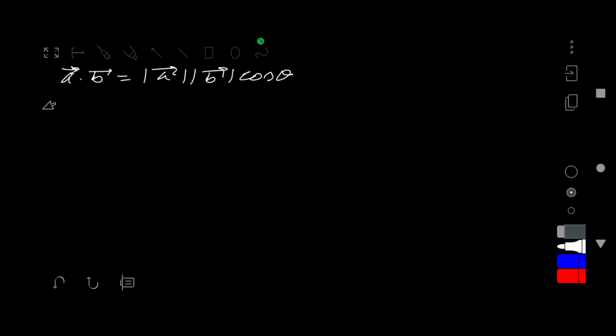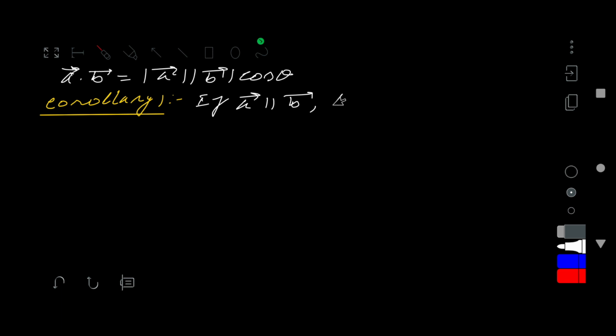So, corollary number 1. If vector A is parallel to vector B, then angle between them, that is theta, is equal to 0, because if two vectors are parallel to each other, the angle between them is taken as 0.